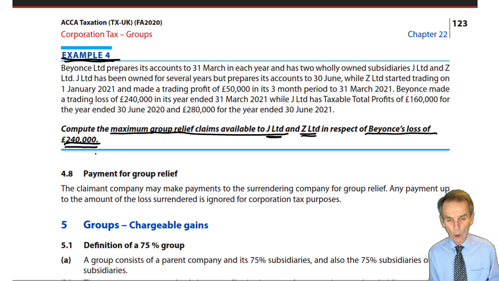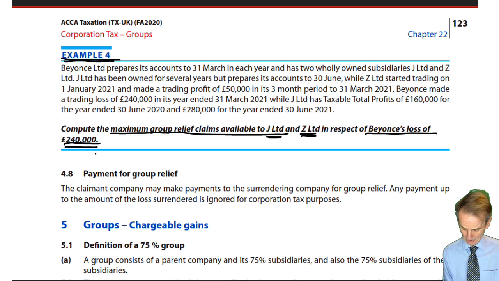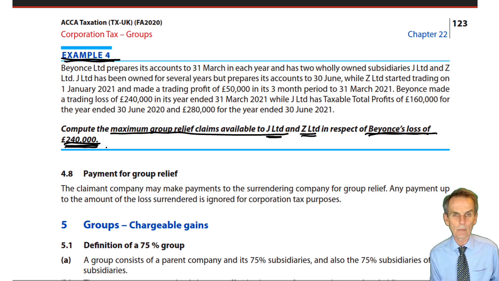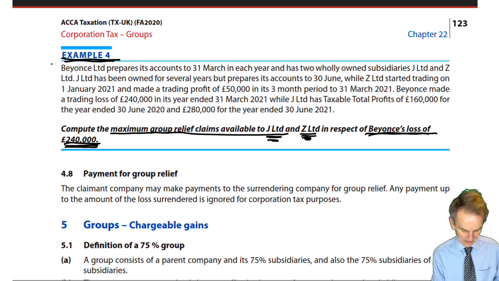So there's the object of the group relief claims. Beyoncé's made a loss of £240,000. Just a small amount for Beyoncé, of course. And we're going to work out what the maximum group relief claims are available to J Limited and Z Limited. Here's the information. You're going to read through that.